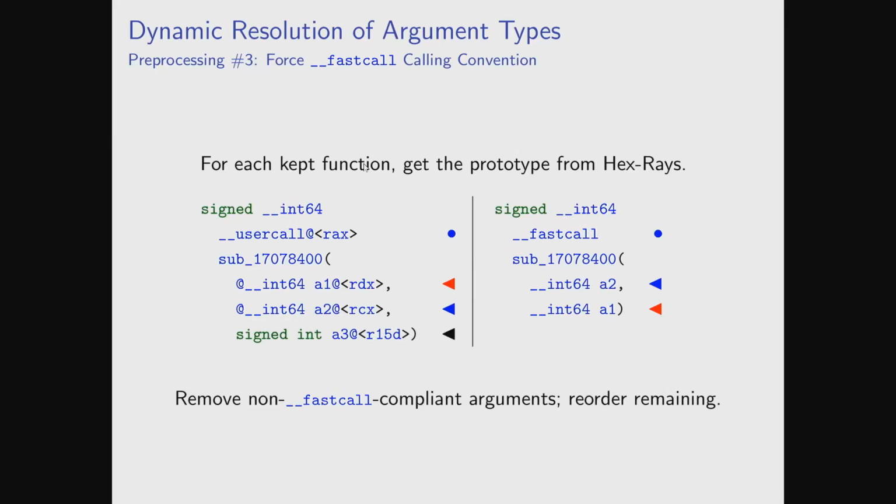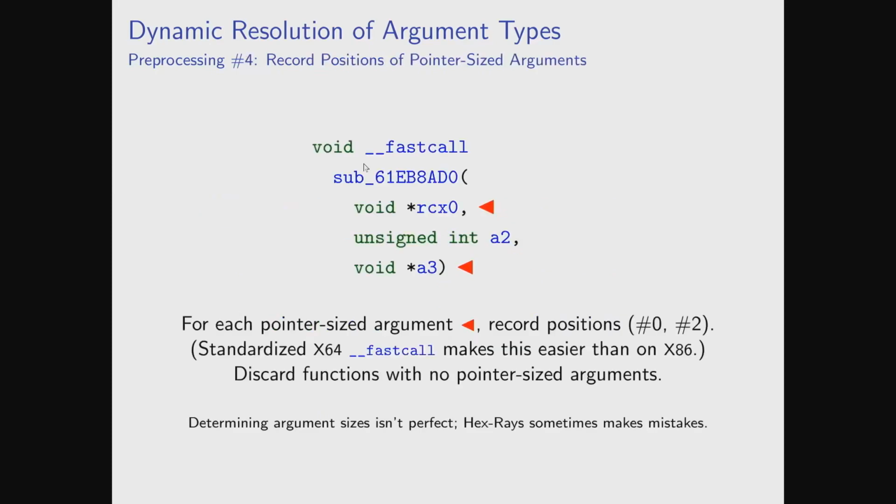So I wrote a little script that just converts all of these user-call function prototypes into standard fastcall. And then for every function, I just make a list of all of the pointer-sized arguments as well as their argument numbers, now that we have consistently numbered them according to fastcall.